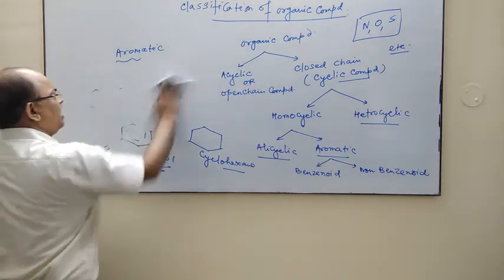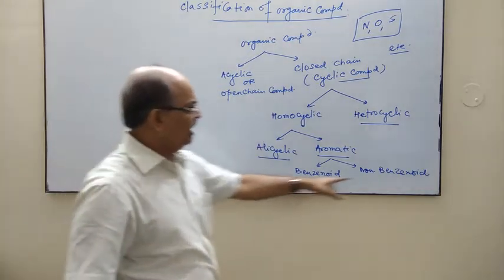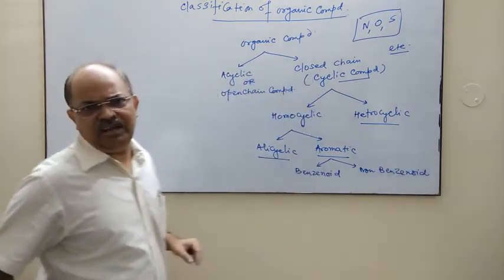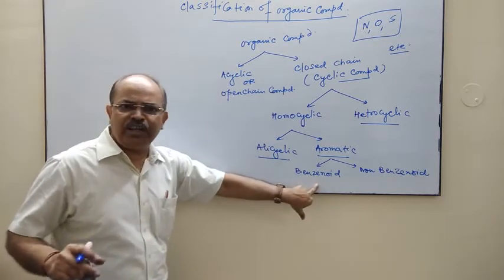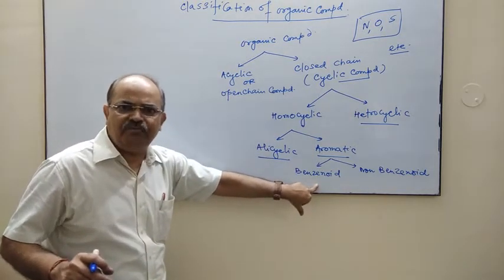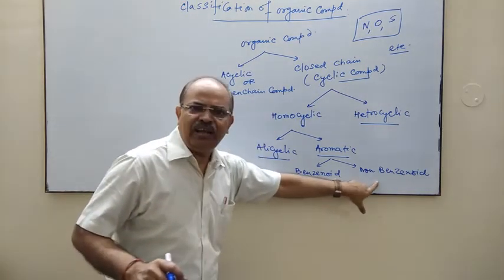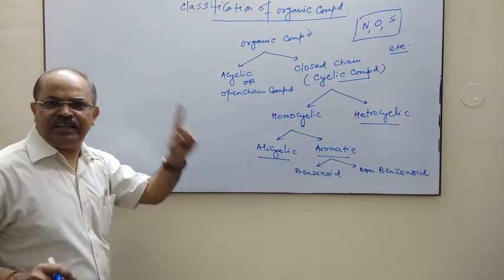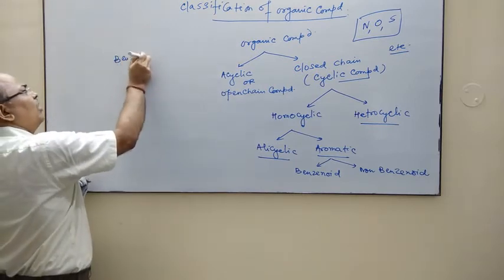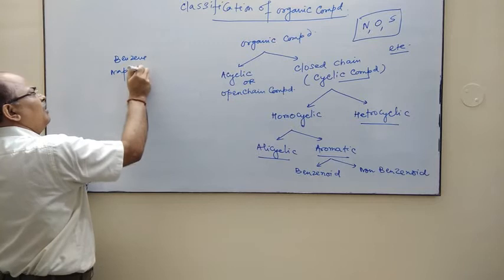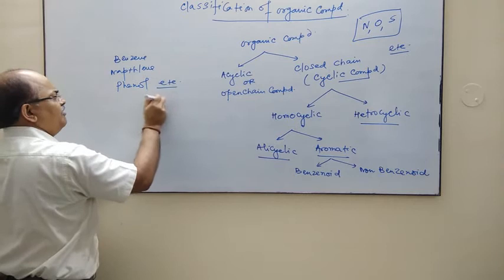Further, aromatic compounds are of two types. One is called benzenoid, another is called non-benzenoid. Benzenoid means like benzene. The benzenoid aromatic compound must contain a benzene ring, while a non-benzenoid aromatic compound will not contain any benzene ring. So your benzene, your naphthalene, your phenol, etc., they are your benzenoid.